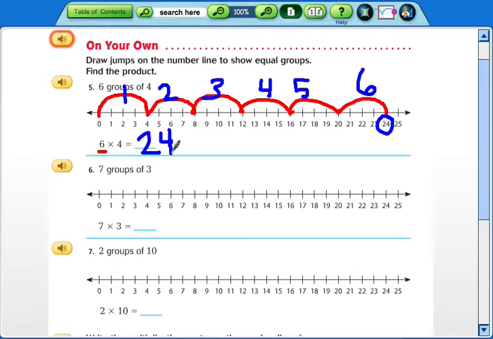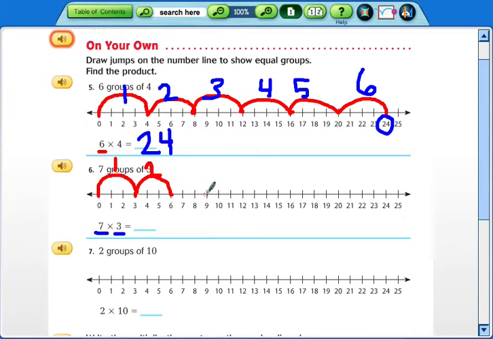Okay. All right. 7 groups of 3. That means 7 jumps, 3 in each jump. I'm going to start using the same marker so I can go faster. There's 1 jump. Now I've got to do how many in each? 3 in each. 1, 2, 3.